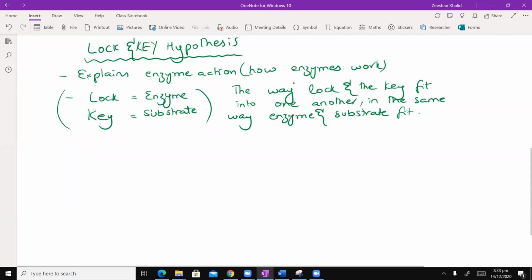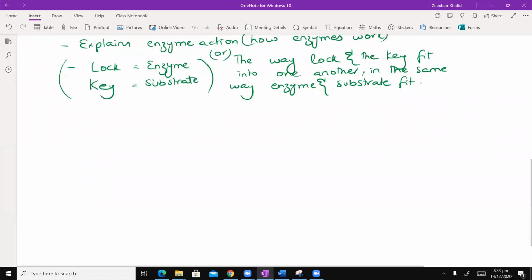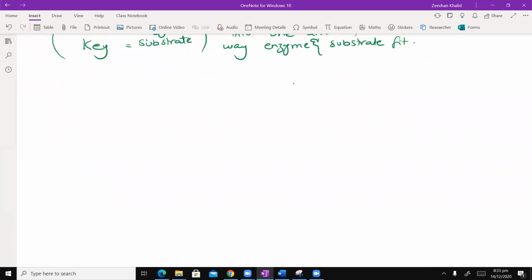Okay, ji. So that's another way of explaining what lock and key hypothesis is all about. So inshallah, now what I'm going to do is I'm going to be drawing diagrams and explaining all what the lock and key hypothesis is all about.